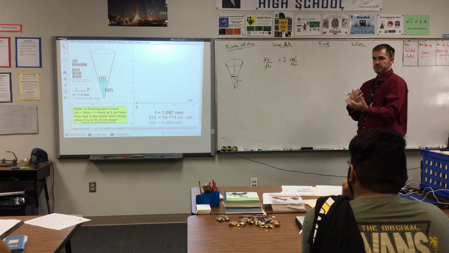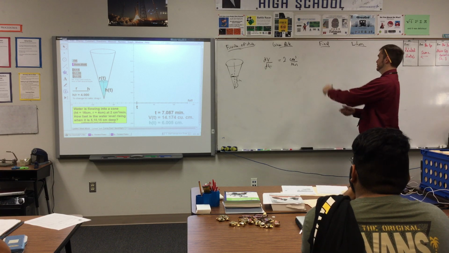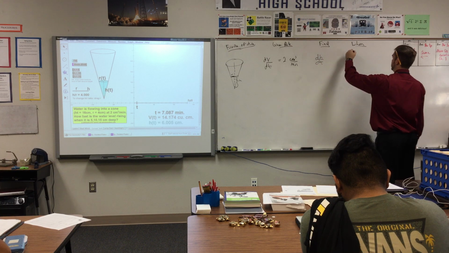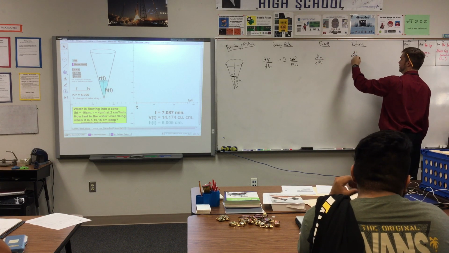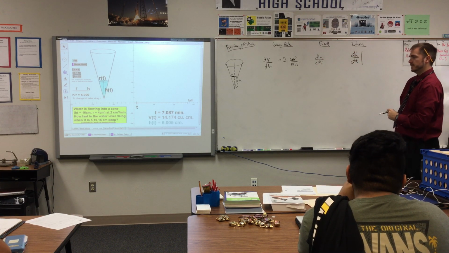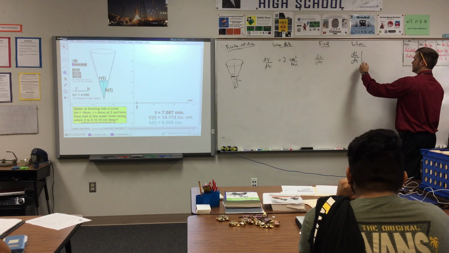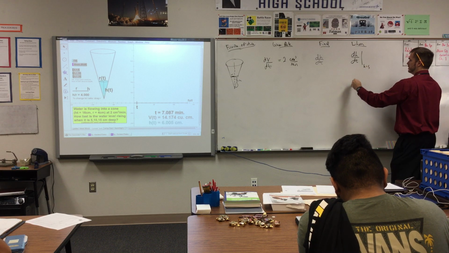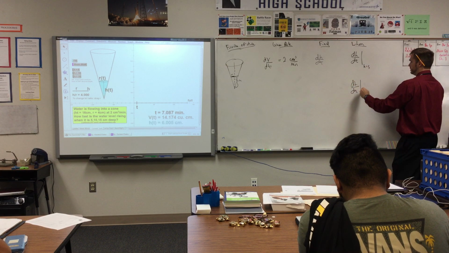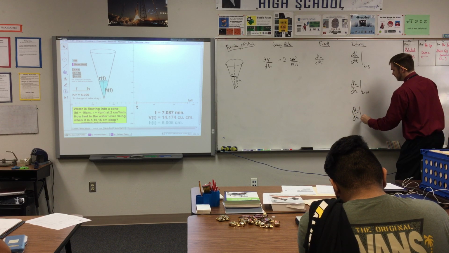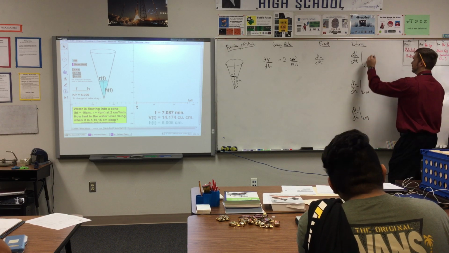That's the change in dh over dt. dh over dt. They want us to find that when it is 5, 10, and 15 centimeters deep. So dh over dt when h equals 5, dh over dt when h equals 10, and dh over dt when h equals 15.